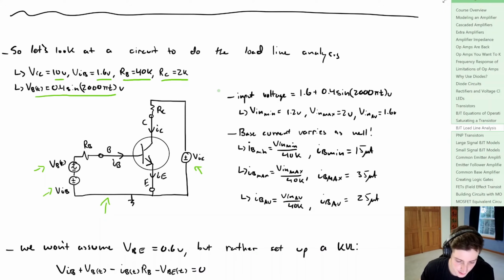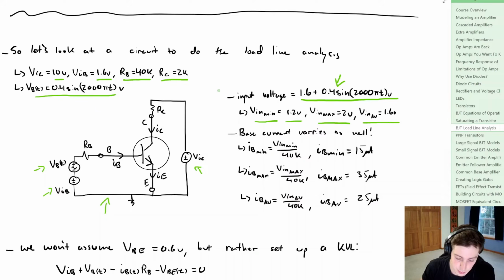So the input voltage is equal to our DC term plus our AC term. From this, we know that the input voltage has a minimum value of 1.2 volts, a maximum of 2 volts, and an average value of 1.6 volts. That should be straightforward, simply from what the value of this AC term could be.